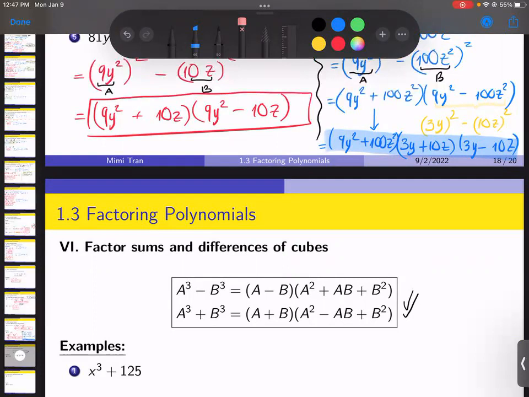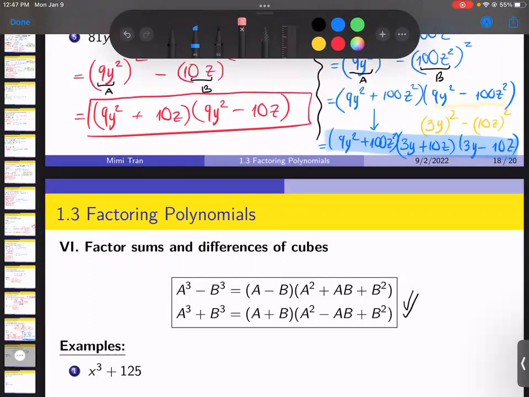For the binomial, if I cover this, what I got is A and B. For the trinomial, I square the A, A times A is A squared. B times B is B squared. Then I multiply the two together, A times B is AB. That's how I remember it.